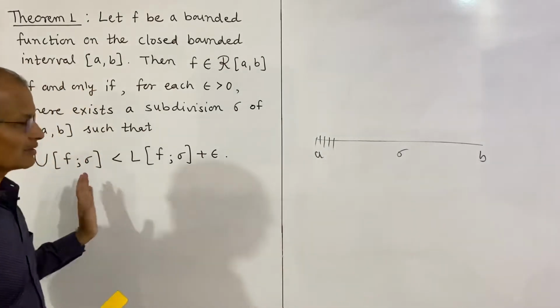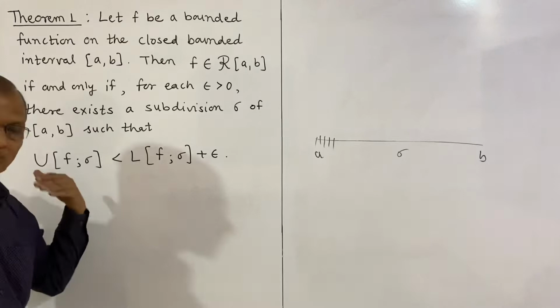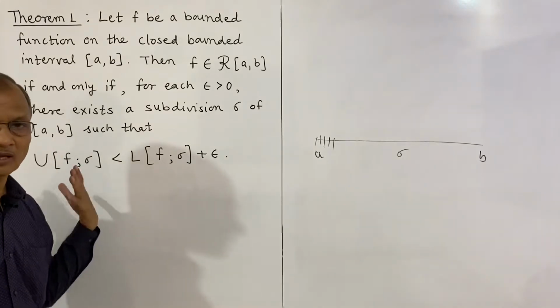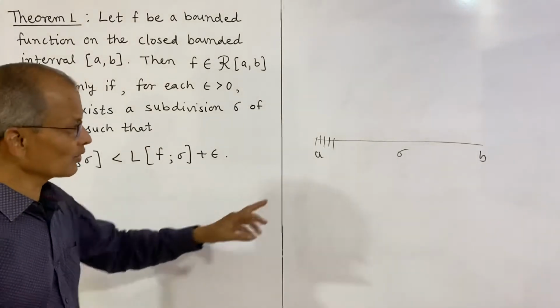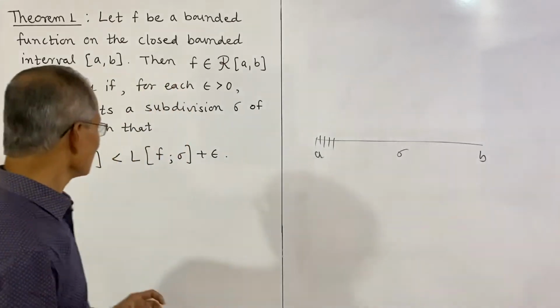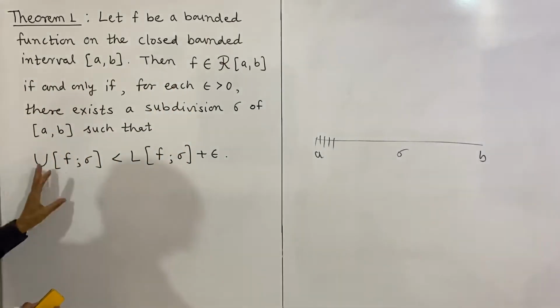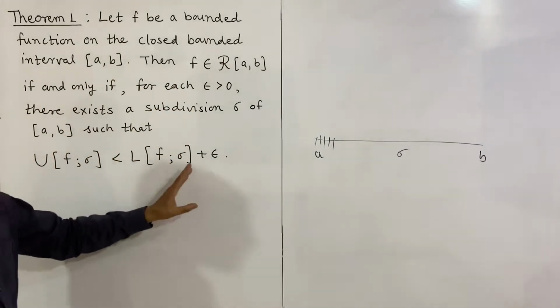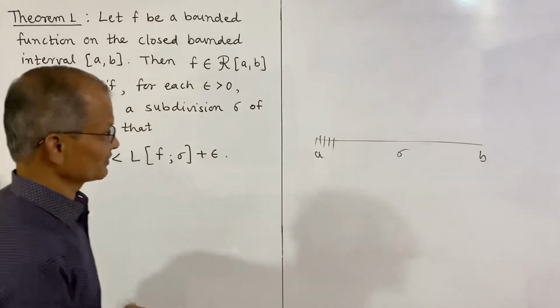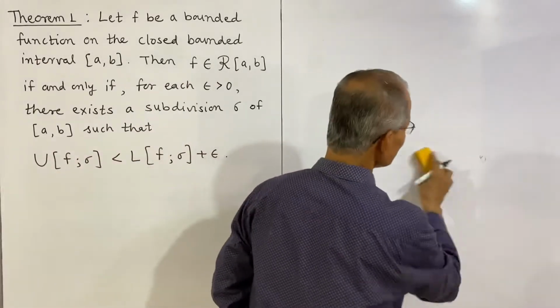That means there is a very small difference, or actually for Riemann integrable functions they are equal when the component intervals are infinite. So here we have to prove the upper sum is less than the lower sum plus a very small quantity epsilon.